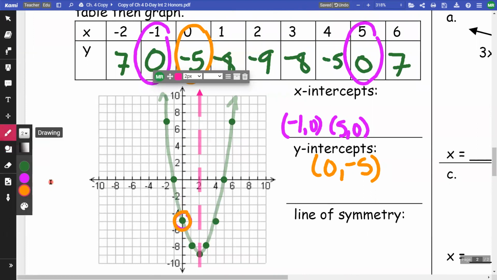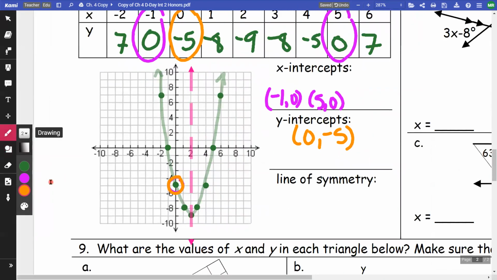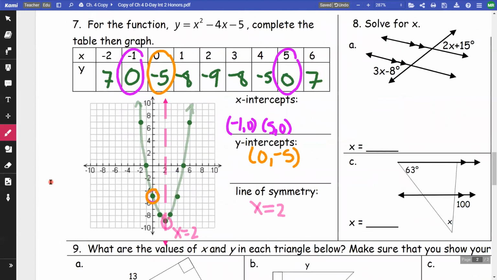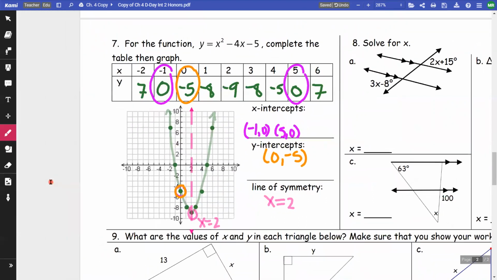So that would be my line of symmetry. Notice it goes through this thing here that we call our vertex. And it is a line, so you need to give me an equation.